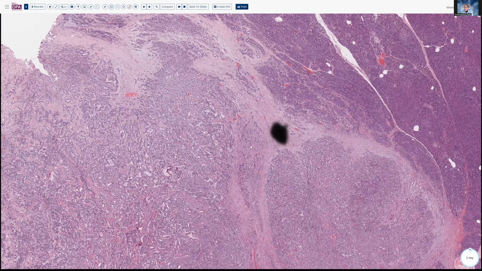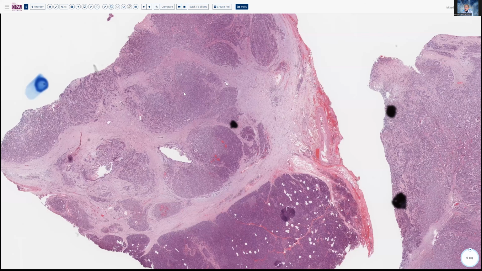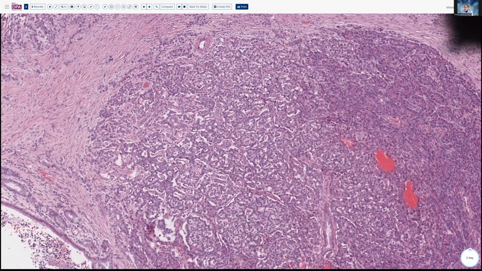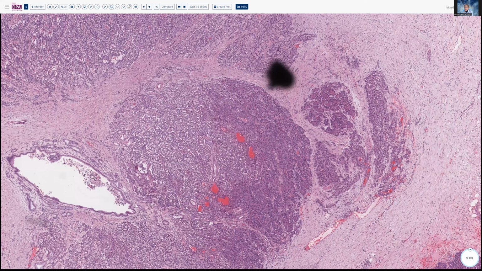Looking over here, we see a somewhat similar process. As you can see, though, perhaps less of the glandular elements. This area, for example, has basically one or two glands only. And then other areas show even less of this.